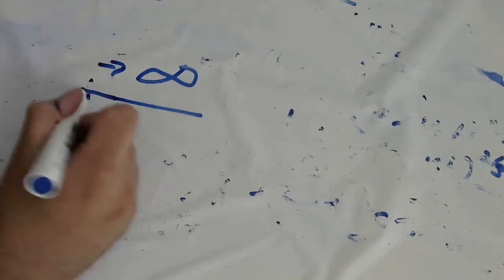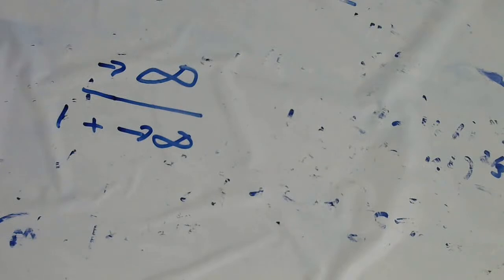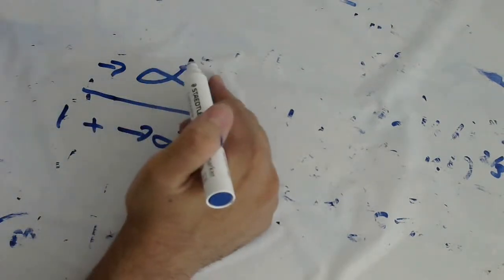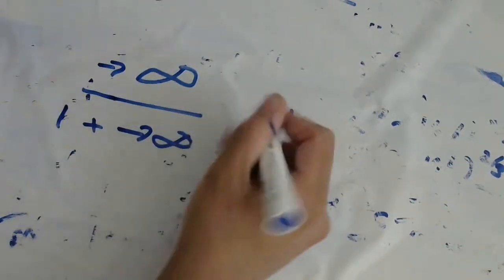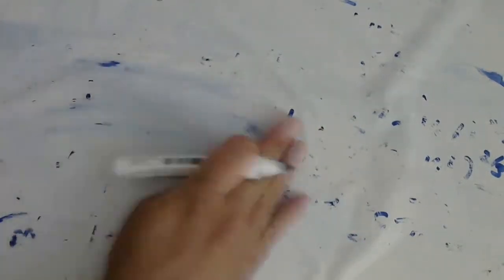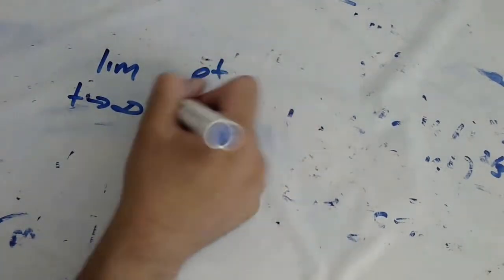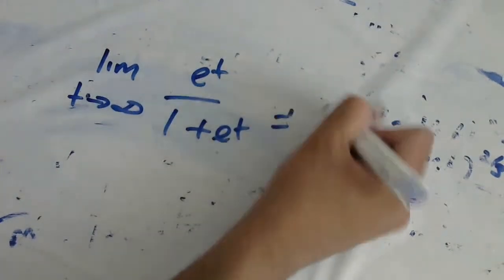But as t gets bigger and bigger, e to the t gets bigger and bigger, yeah? It just tends towards infinity. And then you're going to get 1 plus something that tends towards infinity, yeah? So you've got some really, really big number divided by some other really, really big number, and that whole thing is going to tend to, I'm going to write it out properly mathematically. The limit as t tends to infinity of e to the t over 1 plus e to the t is 1.